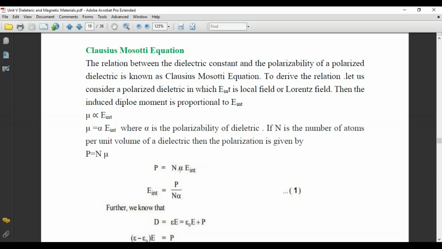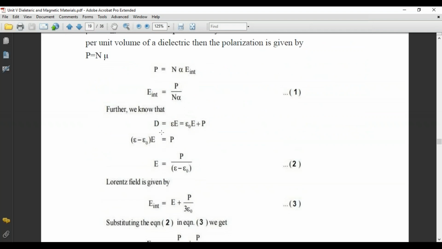From this equation, E internal equal to P by n alpha. Further, we know the displacement, already you know the equation, D equal to epsilon E, and displacement in terms of polarization, where P equal to epsilon minus epsilon naught times E. So E equal to P by epsilon minus epsilon naught. That is equation 2.